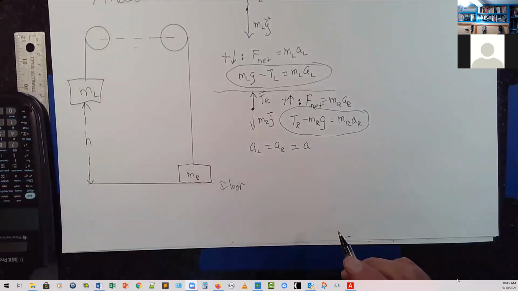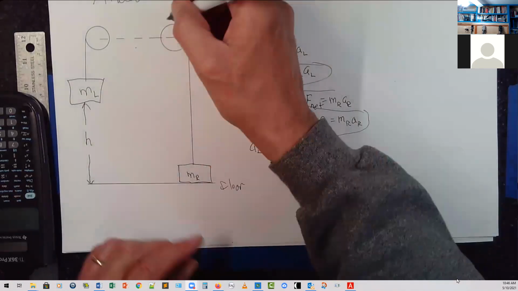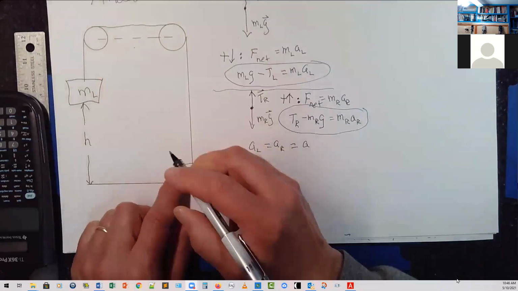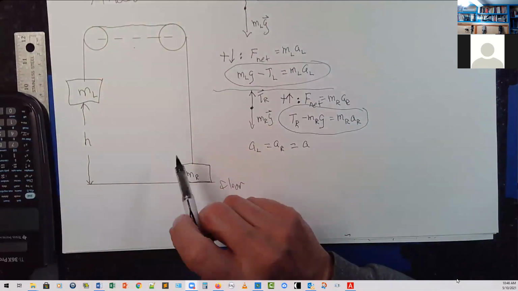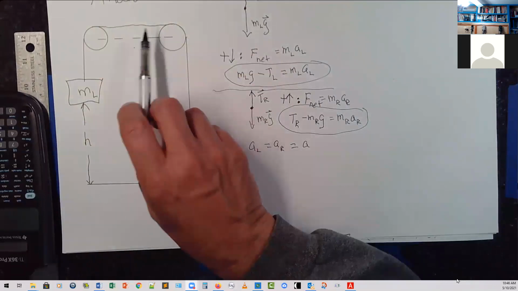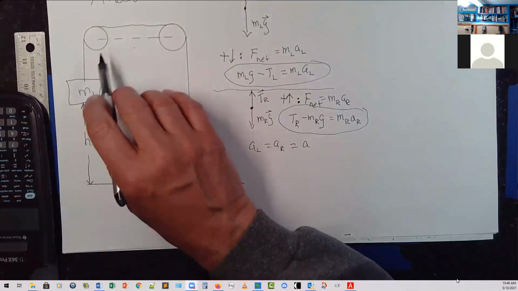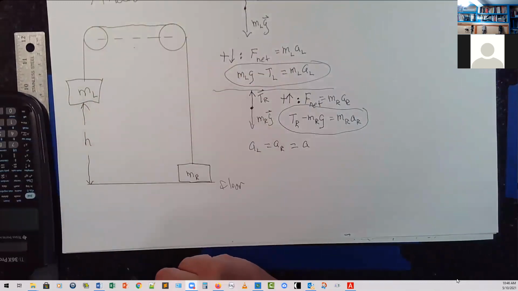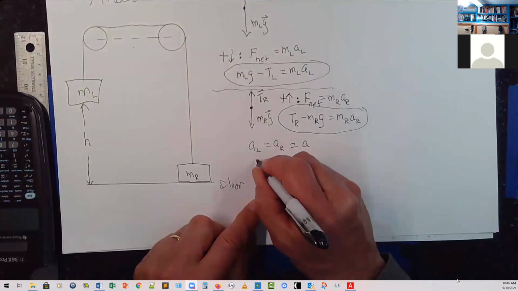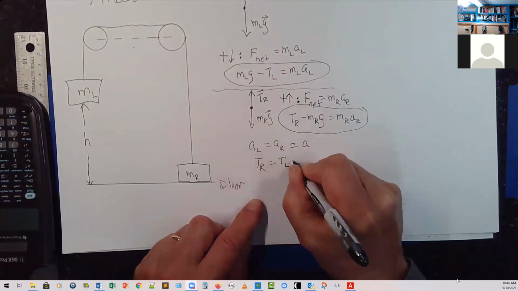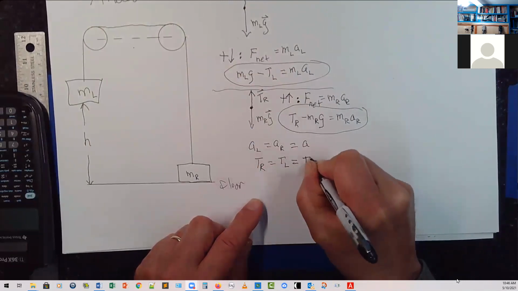Then something else that happens to be true in this case is that because there's a string that passes between the pulleys, it's all one piece of string. I forgot to draw it in. Because these pulleys are so easy to spin, you end up having the same tension in all parts of the string. And we don't care about that tension, but we can say that in magnitude, T sub R is going to equal T sub L, and I'll just call that T as well.